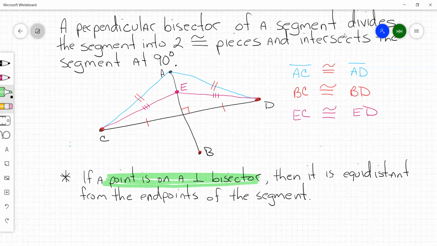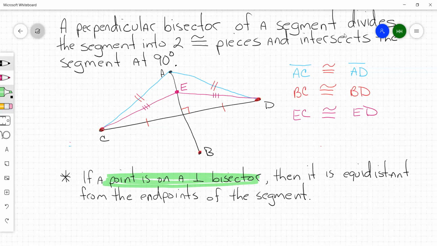Isn't the reason that they're congruent is because E is a point on a perpendicular bisector? If E is sitting on a perpendicular bisector, then it's going to be the same distance from the endpoints of the segment.